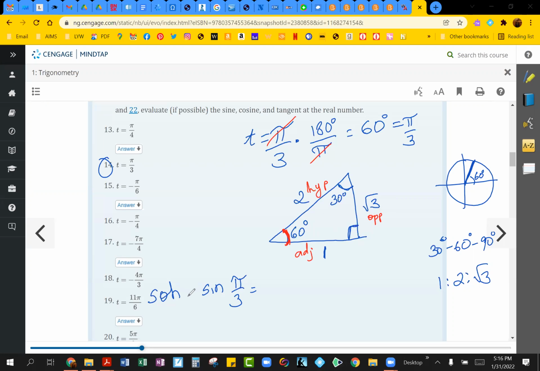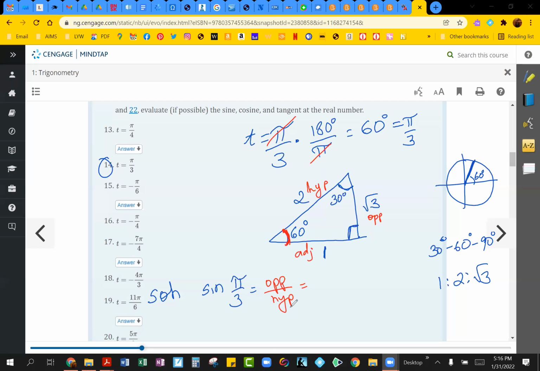So sine is opposite over hypotenuse. Can you tell me what this ratio will end up looking like for the sine of pi over 3 function, if you pick the numbers from the opposite to the hypotenuse side? Melanie, very nice.